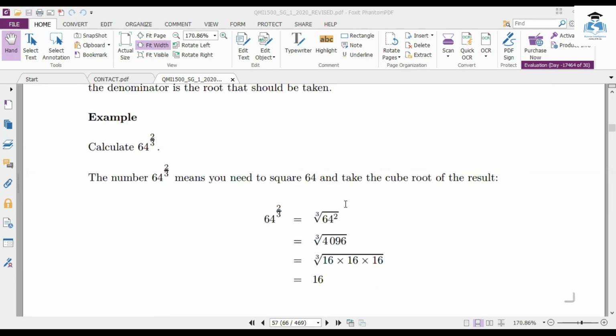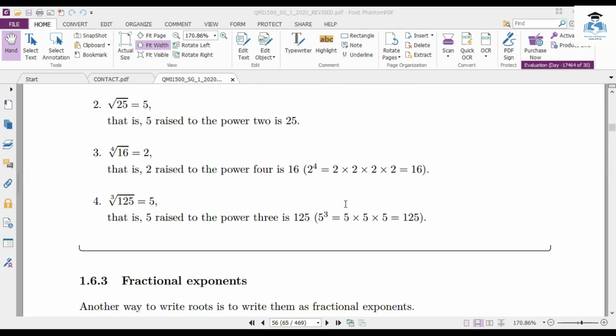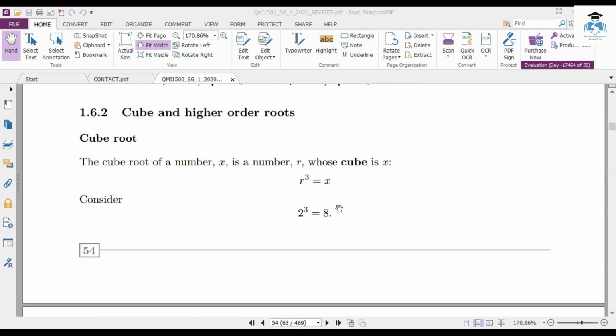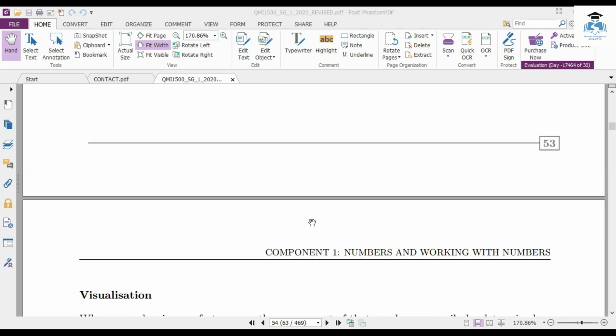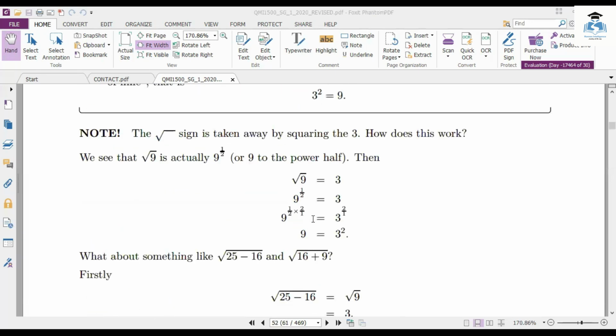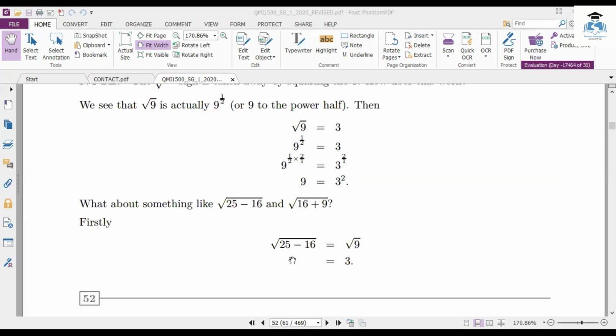Let me just go back a bit. You see, you simplify it as it is inside.